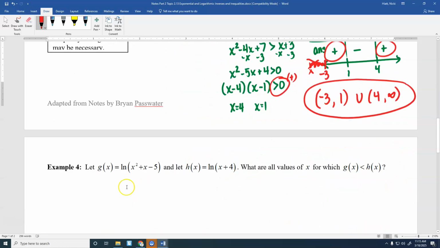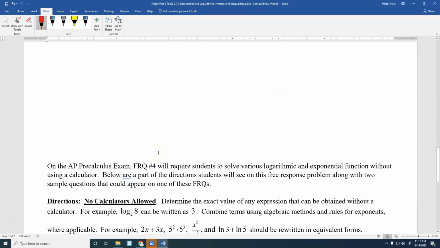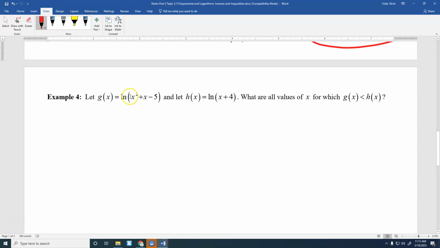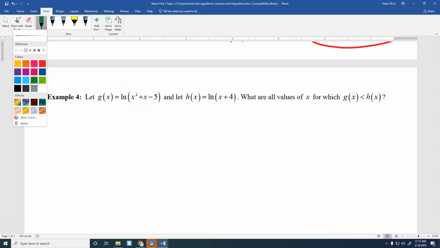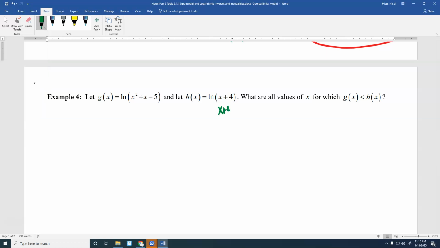We're not going to do 4, but if I look at that one, let me show you a quicker way. I am having to do g of x less than h of x. When I'm doing domains at the very beginning, I know that x plus 4 has to be greater than 0, so x has to be greater than negative 4.